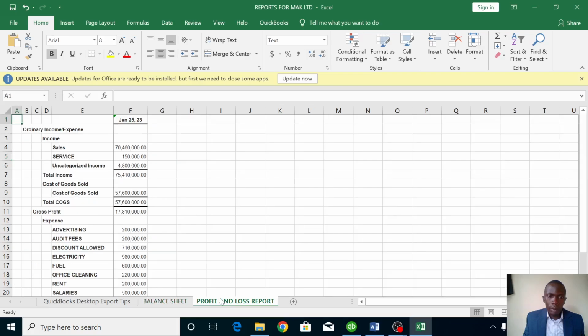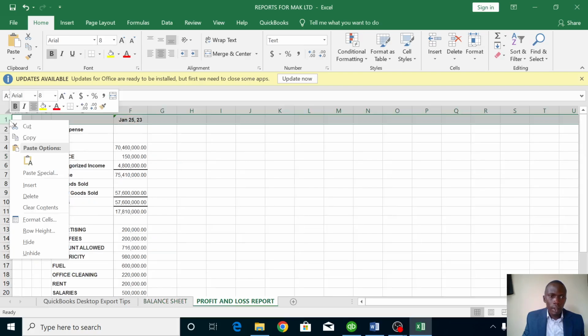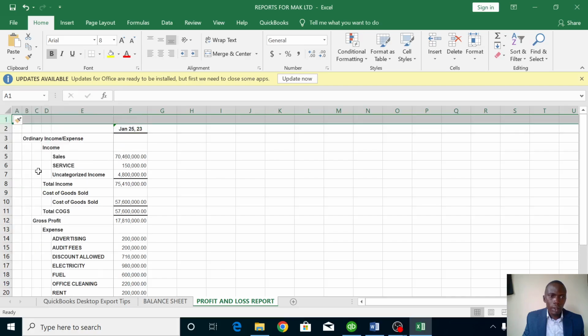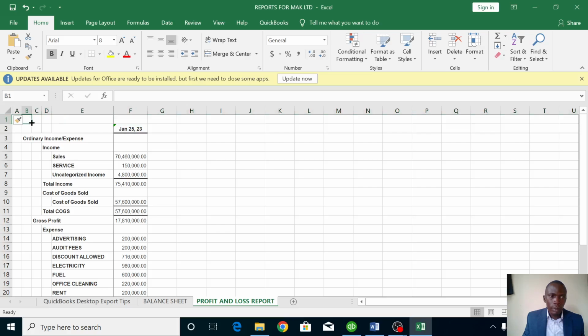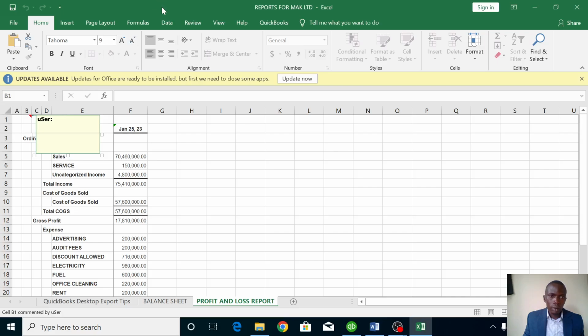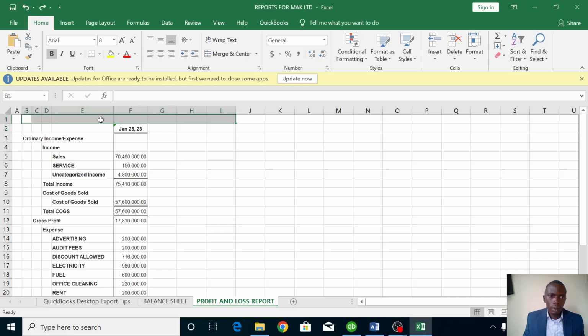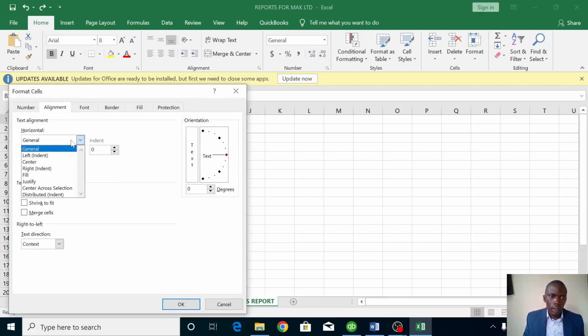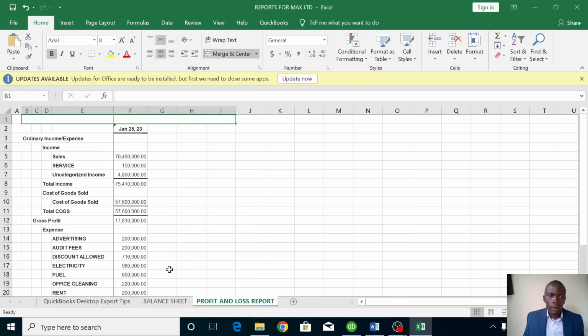Can go to our profit and loss, and we also insert the heading, insert a row here. We format cells. Go to format cells, go to alignment, so we center, we merge cells, we say okay.